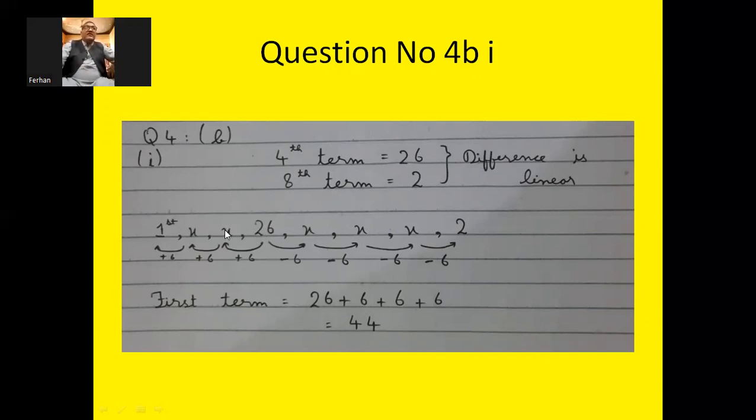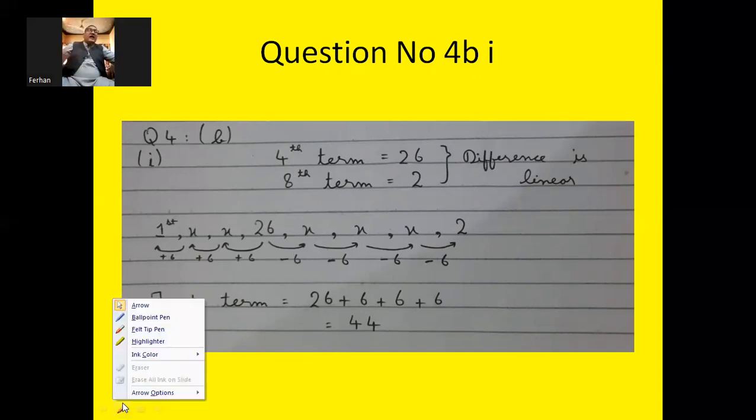So in 26, you add 6: 26 plus 6 plus 6 plus 6, and that will be 44. It's a kind of hit and trial method. Other method I can show you. Give me a minute.